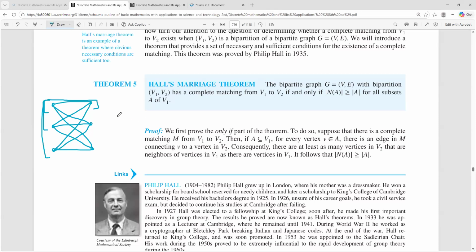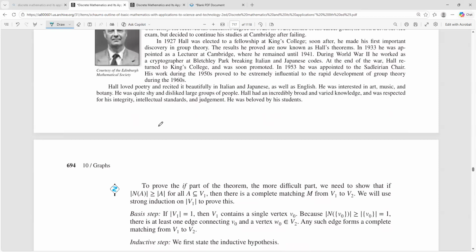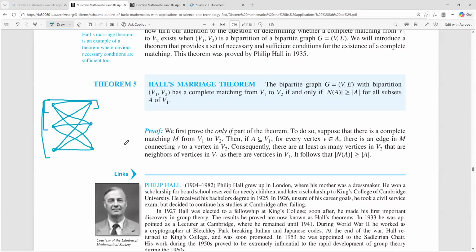So I don't think you're going to be asked to prove this, because it's a long proof. But if you want to look at it intuitively, let's think about it like this. We remember the idea of neighborhoods of vertices. We could also do a neighborhood of a set of vertices, right? And that's basically all the vertices that are connected to one of the vertices in that set.